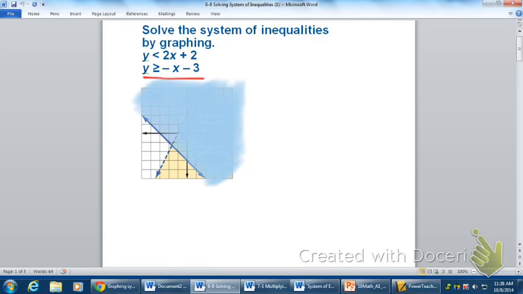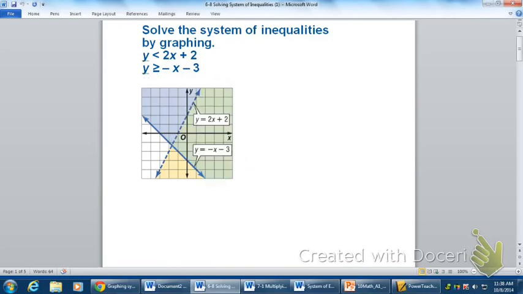No, hold on. If you combine yellow and blue, you get the color green. Now what that means in the context of the actual inequalities is these values that are green overlap.